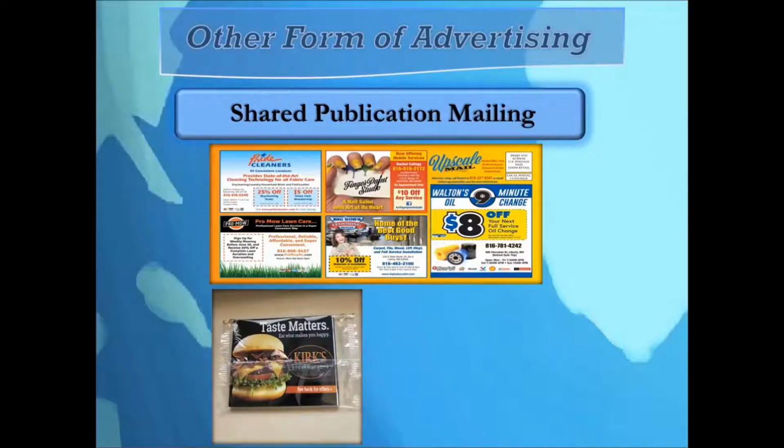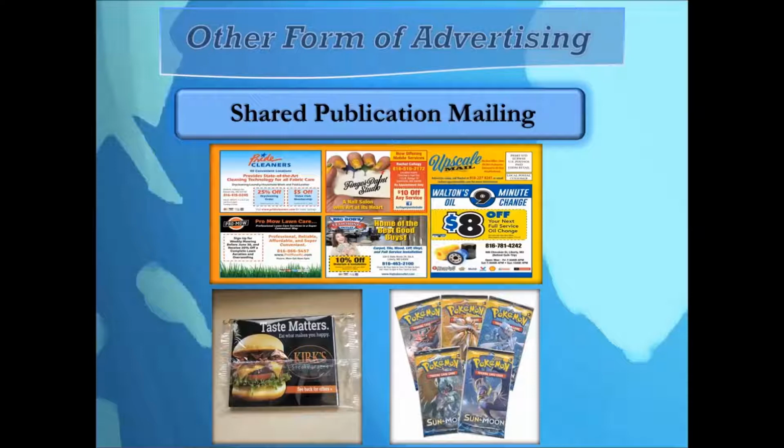Sometimes they even come in a clear pack like a pack of Pokemon cards. Shared mail can save you as much as 90%, but the downside is your ability to target, and you're also facing competition. From a deck of 25 cards, 3 of which are probably pizza restaurants. Of course, you can always pay a little more to be placed on the top of the deck.